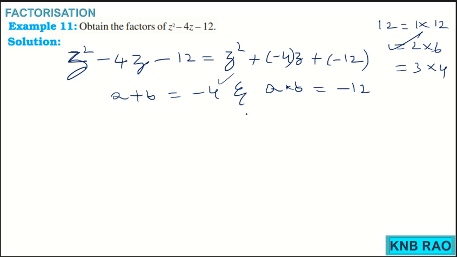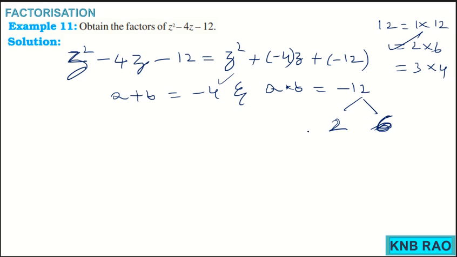Now if I consider 2 and 6 as the numbers A and B, which number is to be given positive and which negative? Suppose I consider 2 as positive and 6 as negative.